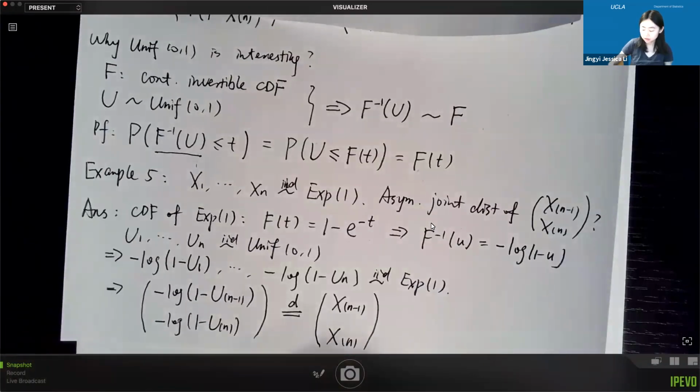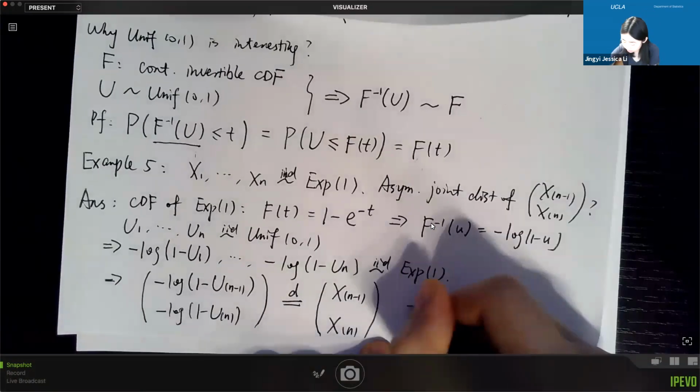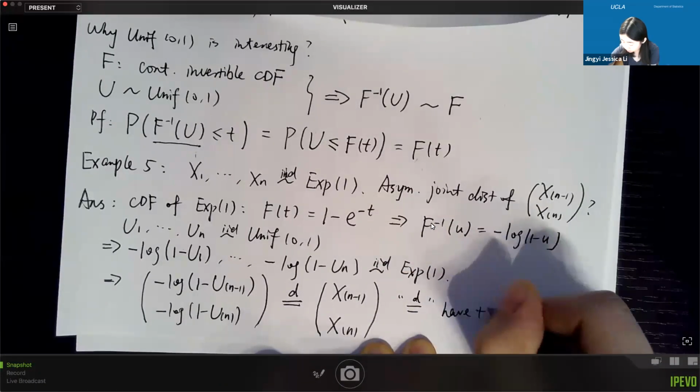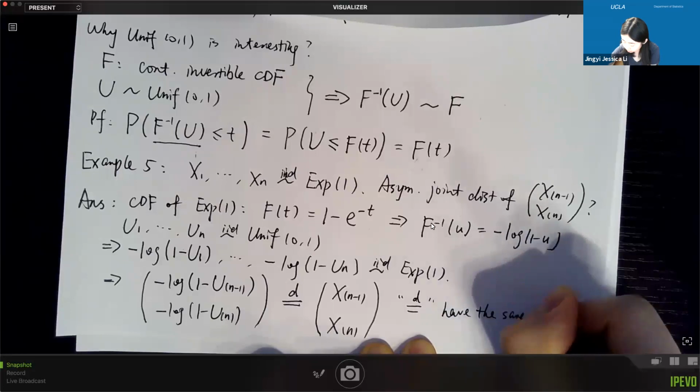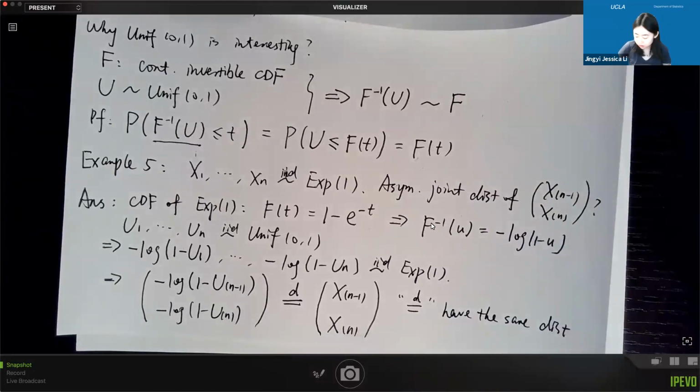That simplifies things quite a lot because we already have the asymptotic distribution of U_{n-1} and U_n.